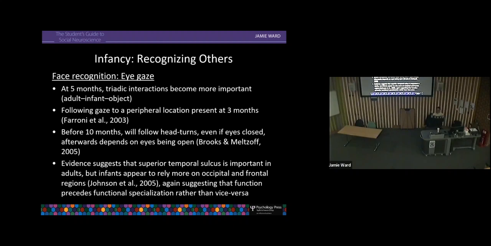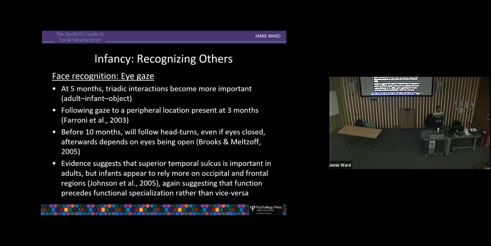So whether this is a kind of proto mind reading, that they're making inferences about the state of the adult's knowledge, that they can see things that you can't when their eyes are closed, even when they're orienting to it. Obviously the infant isn't thinking about it in any sophisticated way, but somehow it is behaving as if it has internalized that knowledge. And again, we find that the circuits in adults that are important for this, so the superior temporal sulcus, which is involved in tracking eye gaze, tend not to be the dominant system in infants.